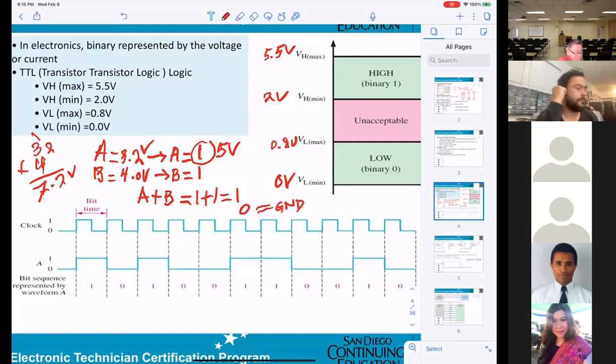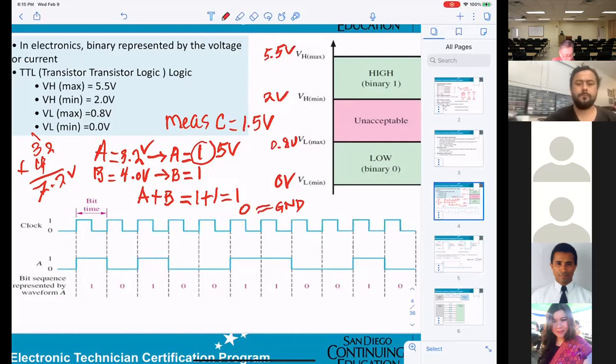So now, when you measure C equal 1.5 volt, what happened? Unacceptable.